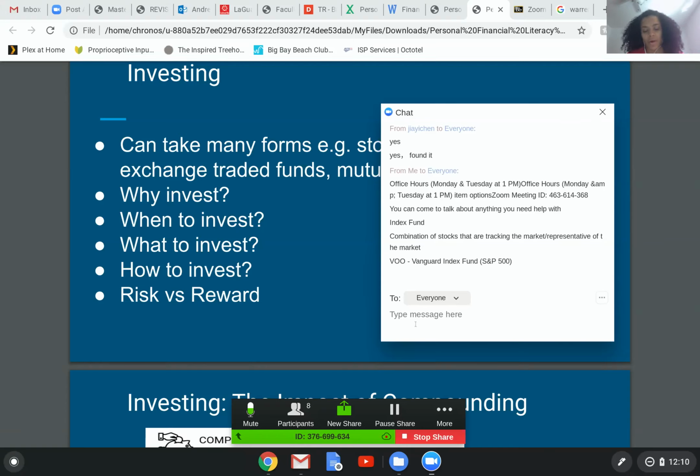actually tracking the market, or you can look for exchange traded funds that track a specific industry, right? So let's say you do want to invest in tech, but you don't have the time to look at just one tech company.